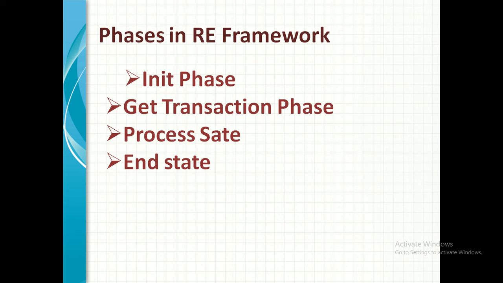Once we deep dive into the hands-on, we will see how exactly the init phase works, how the get transaction phase works, how the process phase works, and how the end state works. So this is just a very high level discussion on RE framework.